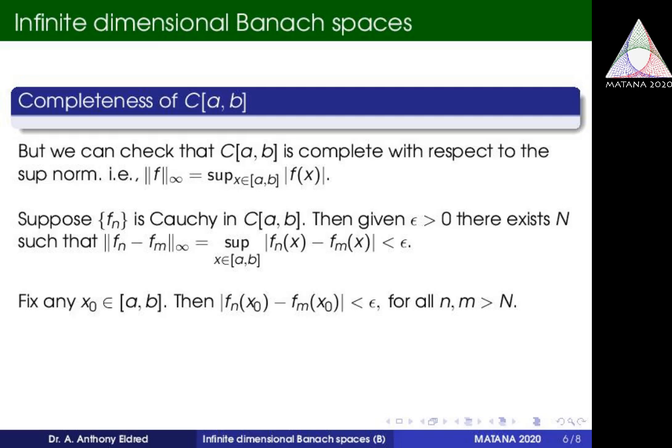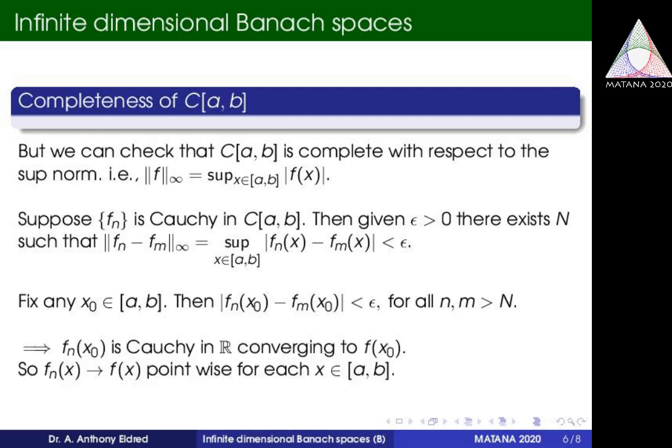Now this inequality tells that fn(x0) is Cauchy. Here fn(x0) is a real sequence, because we have fixed x0, and when we allow n to vary, from this inequality it is a Cauchy sequence.